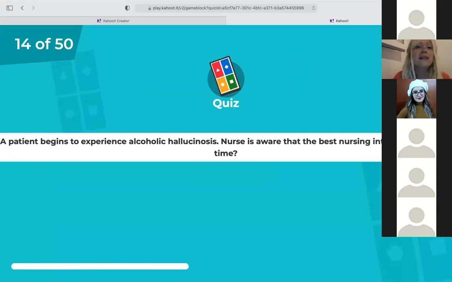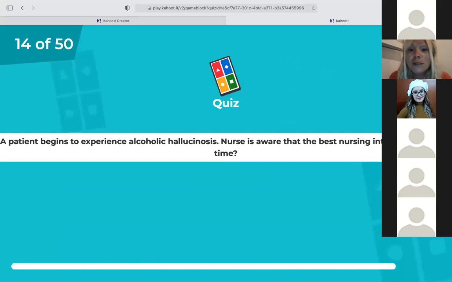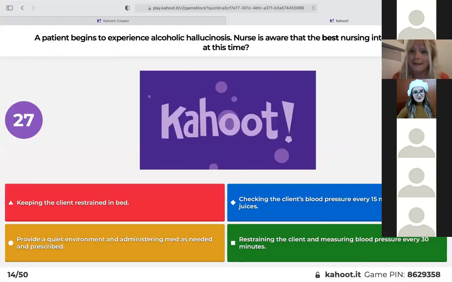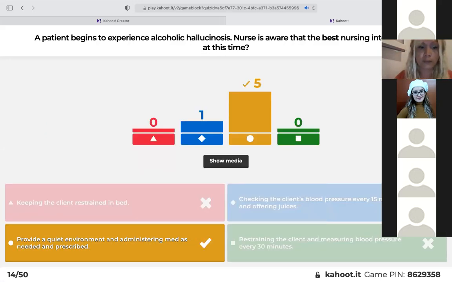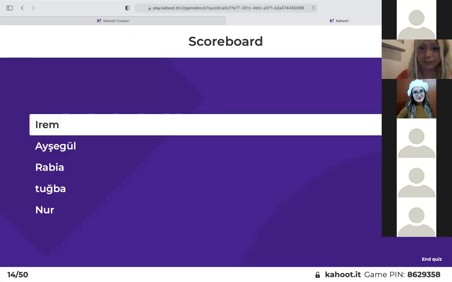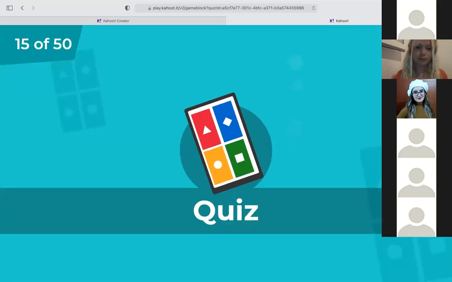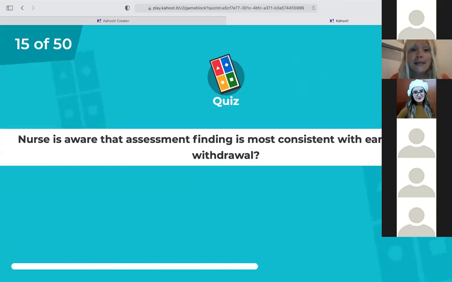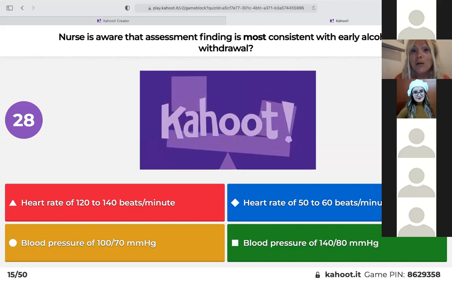A patient begins to experience alcoholic hallucinations. The nurse is aware that the best nursing intervention at this time is what? The nurse is aware that which assessment finding is most consistent with early alcohol withdrawal?